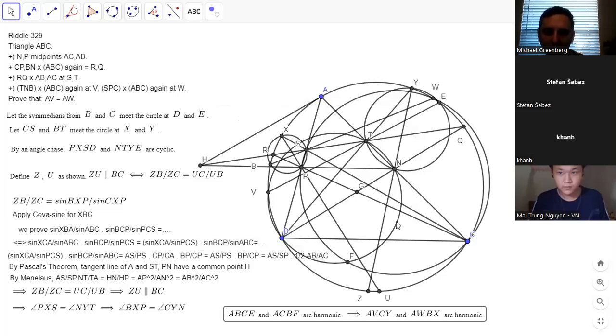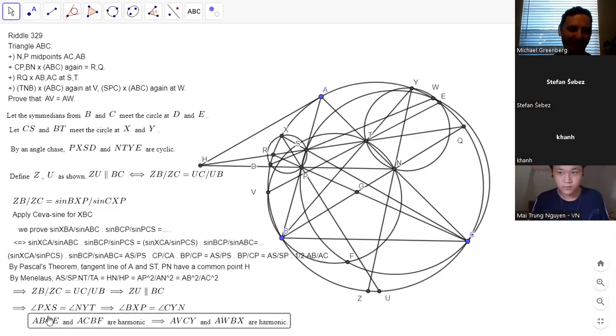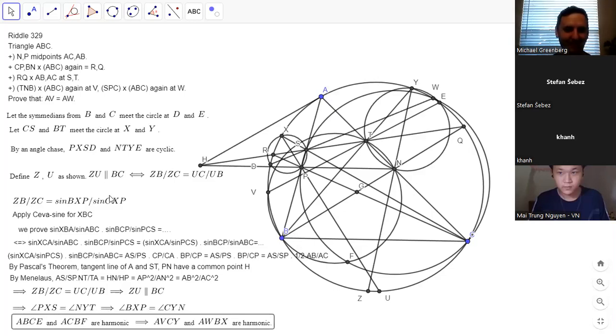But AYV is ACV. I forget how to finish this. I know we figured this out before, I just can't remember it. This is so complicated.